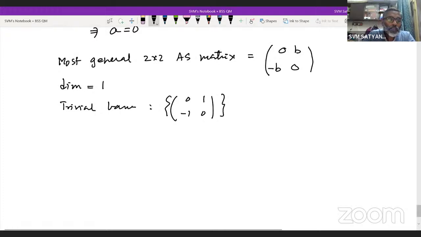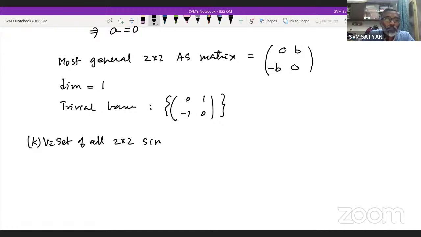Now let's look at K. Now your V is the set of all 2 by 2 real singular matrices.